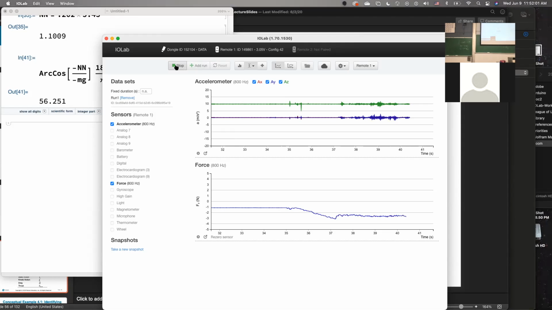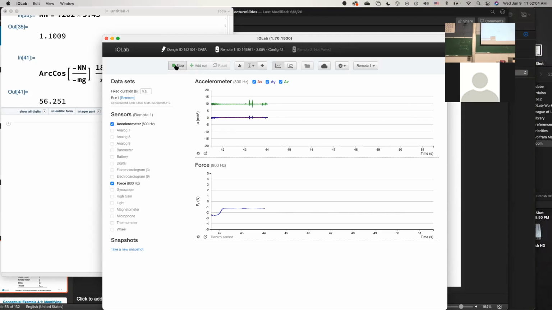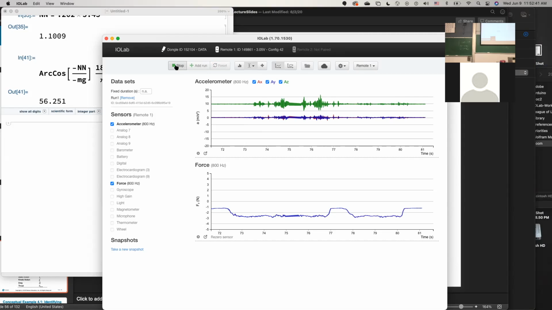Okay, so there's the kinetic friction. Okay, so I'm applying a force. So to get it to move, one more time. To get it to move, I have to go here. Maybe let's zoom in more.